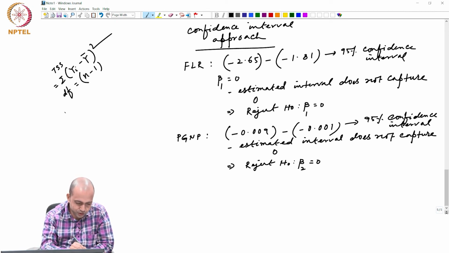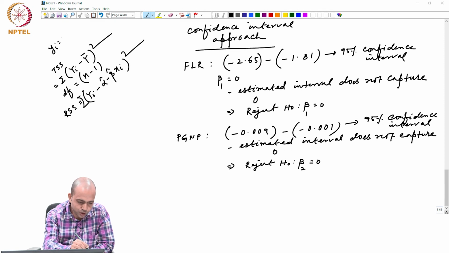And what is the degrees of freedom for RSS? How will you determine it? The RSS equals summation of yi minus alpha hat minus beta hat xi, whole square. That is how we have defined it. Our model was yi equals alpha plus beta xi plus ui.